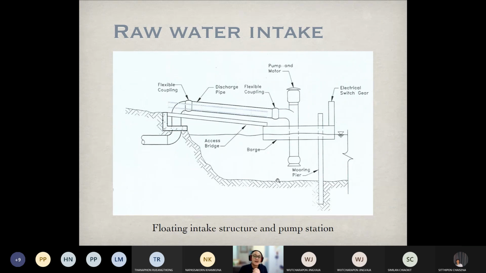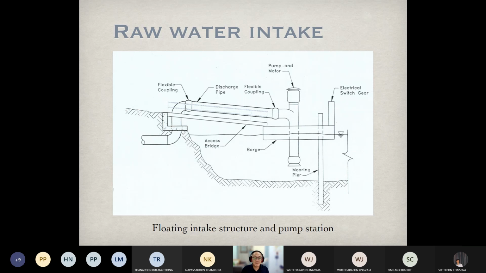For a river with high variations in water levels, or very high fluctuations, some plants may use floating intake structures, but most plants that use floating intakes may not be able to accommodate very large flow rates.